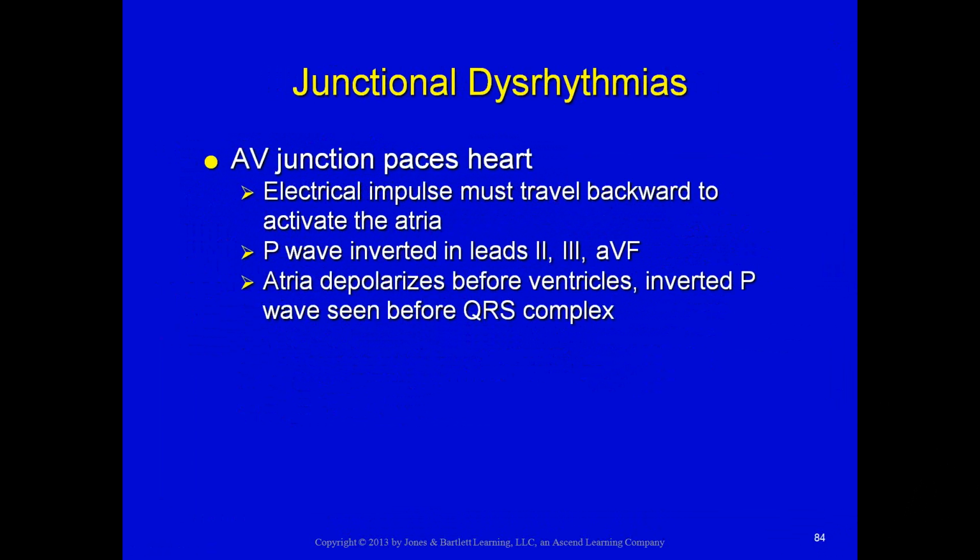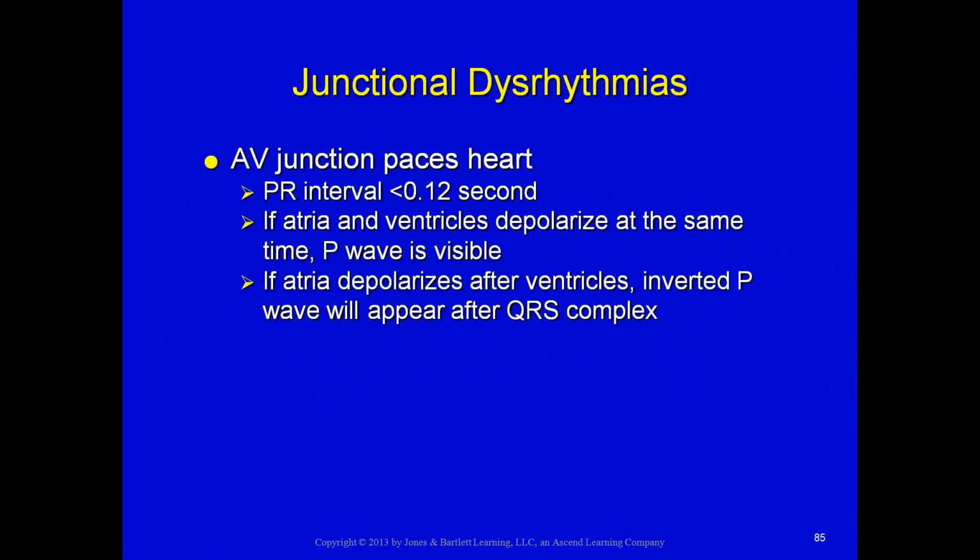And because it has to travel backwards, the P waves are inverted. So the P waves are below the isoelectric line instead of above the isoelectric line. The P waves also can be biphasic. The P waves can be in the QRS complex, or they can occur after the QRS complex as well.